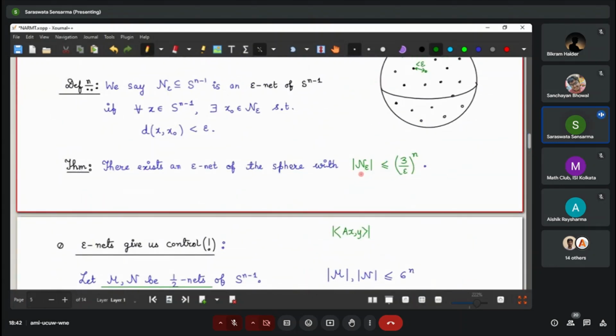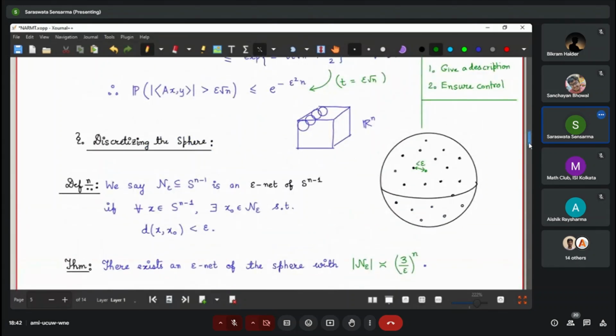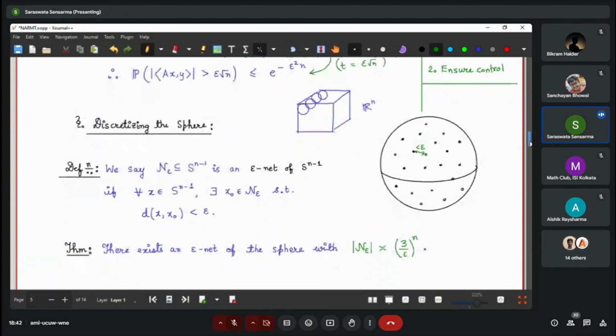You cannot get epsilon nets which are much smaller, because if you're dealing with an n-dimensional object, you need that many things. I gave a vague argument that to fill R^n you need (1 over epsilon)^n many things, and that's why you get this here. But you can actually give a much more precise argument and say that this holds.